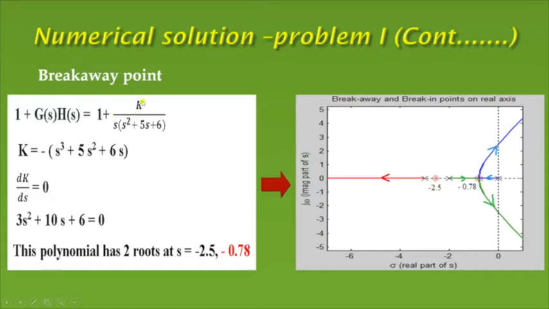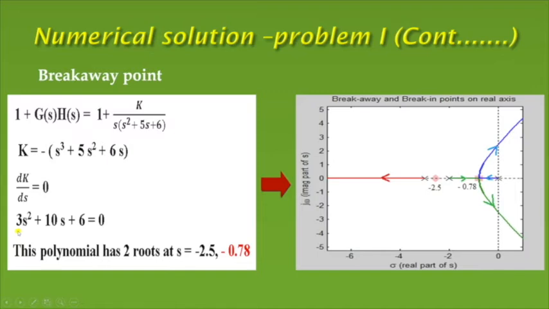Here H(s) is 1, so G(s) is given. So find K equal to minus s to the power 3 plus 5s square plus 6s. Differentiate K with respect to s, that means dK by ds equal to 0.